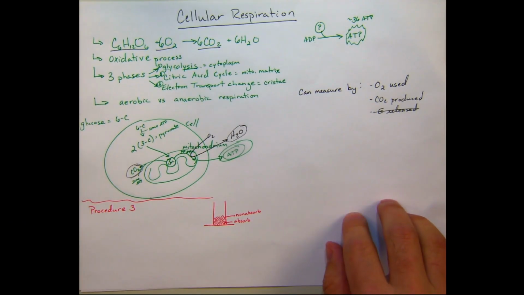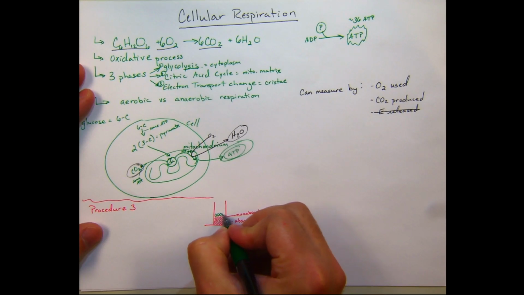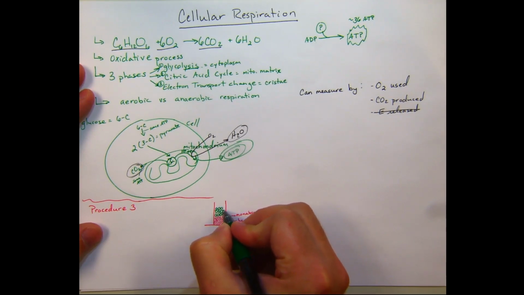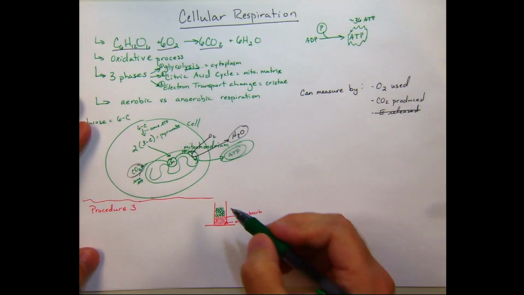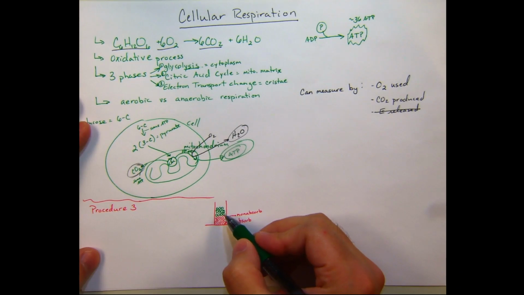We're also going to be putting some peas, a certain number of peas. You've got to figure out how much volume those peas take up. Because even though these are plants, they are producing carbon dioxide just like we do. And they're also using oxygen.